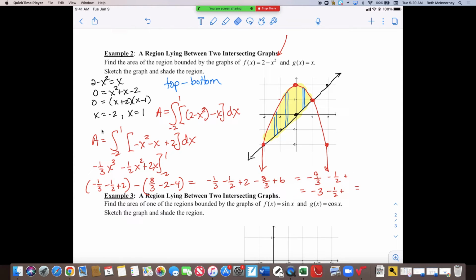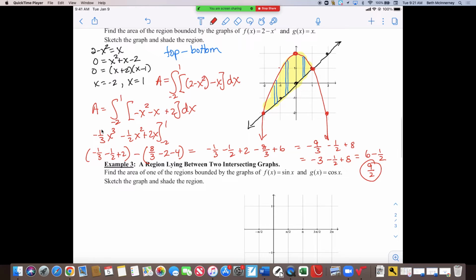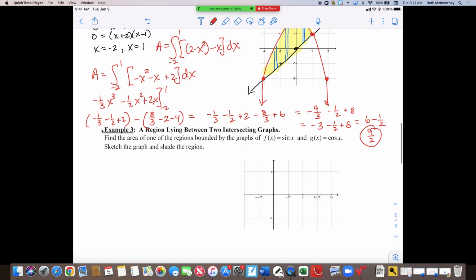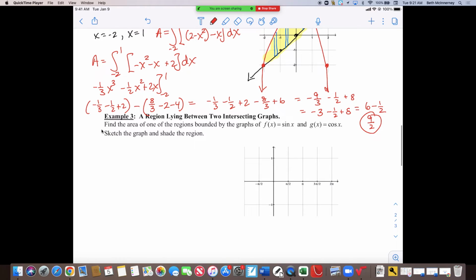That doesn't make any sense. Thank you. Got it. There we go. So 6 minus 1/2 is 5.5. You could write 5.5 or 9/2. There we go. Cool. All right. Yeah, and I did 5, but I wrote 6. I don't know why. Because that's 9/2.